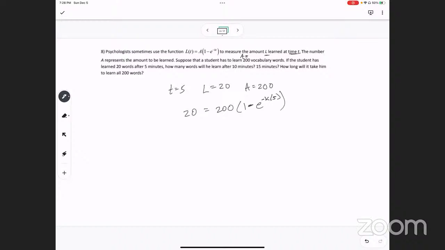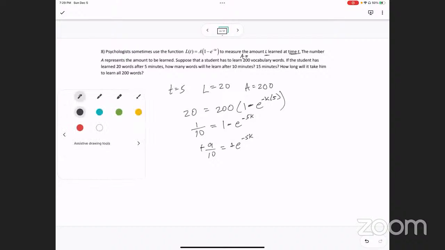So divide both sides by 200, you get 1 over 10 equals 1 minus e to the negative 5K. So now I'm going to subtract 1 from both sides. So this is negative 9/10 equals negative e to the negative 5K. Now I'm going to multiply both sides by negative 1.